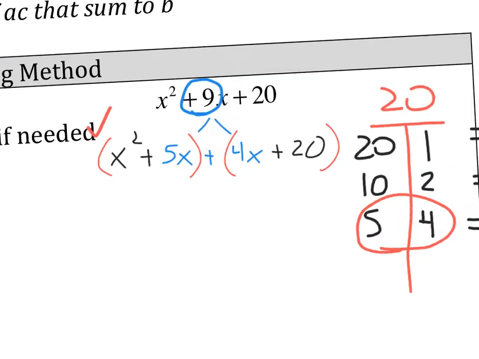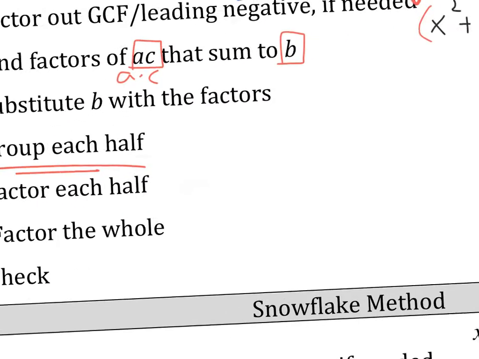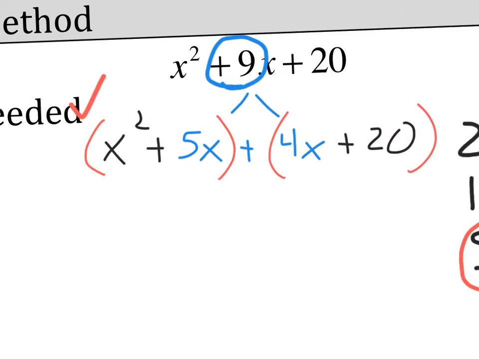Next step says I'm going to factor each half. So I'm going to pull out anything common in the two. So what's common between these two? I can pull out an x. So I do. Let me pull out an x from the first half. What about in the second half? What can I pull out over here? Oh, it's a 4.